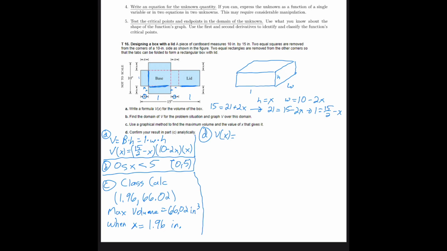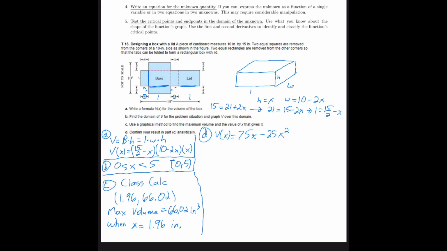So for part D, the easiest way to do this is to multiply out our volume function. So V of x is going to be 15 halves times 10 is 15 times 5. So that's 75.